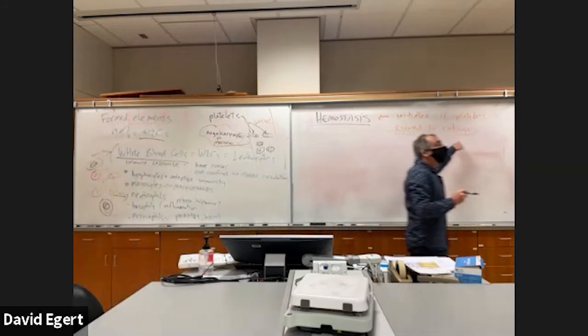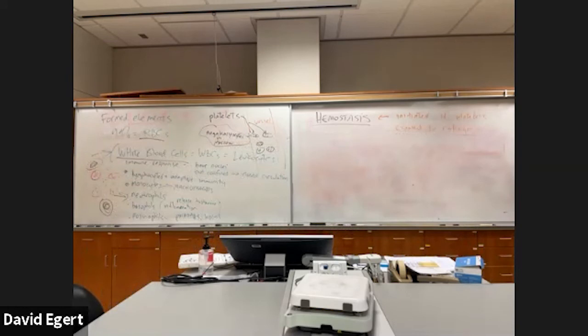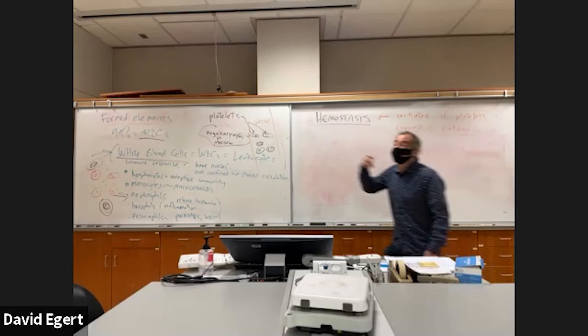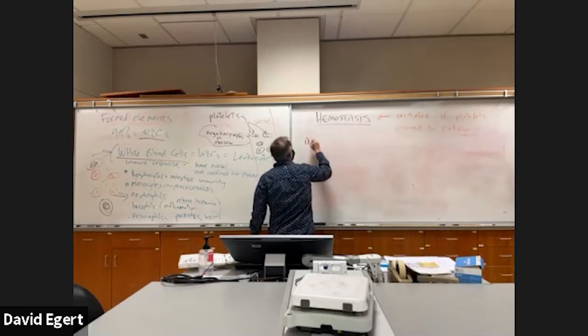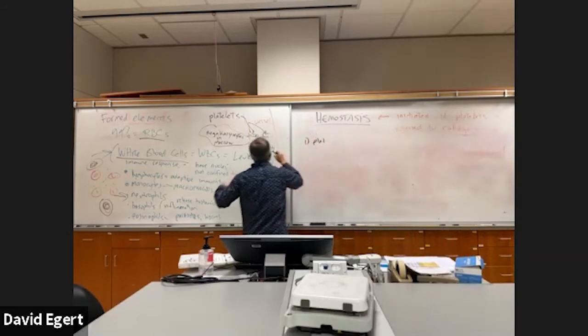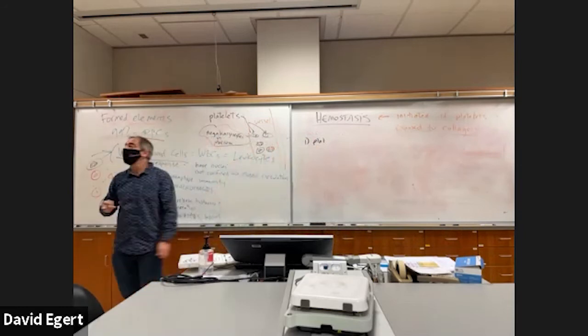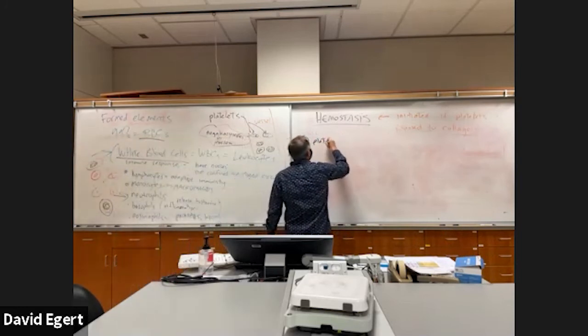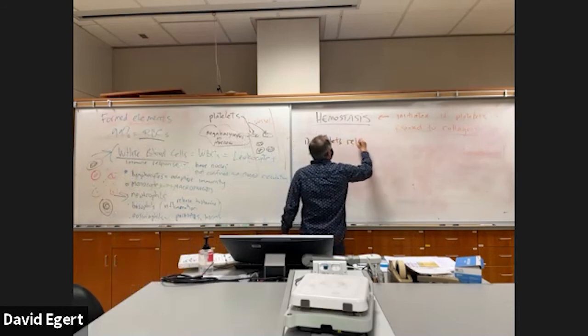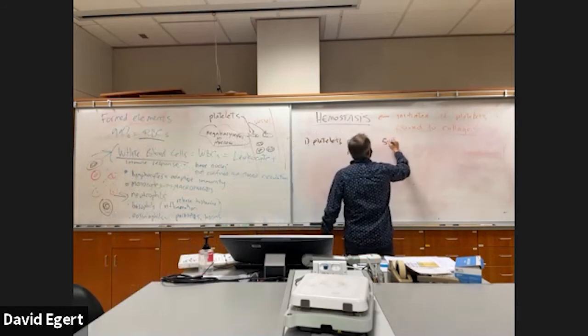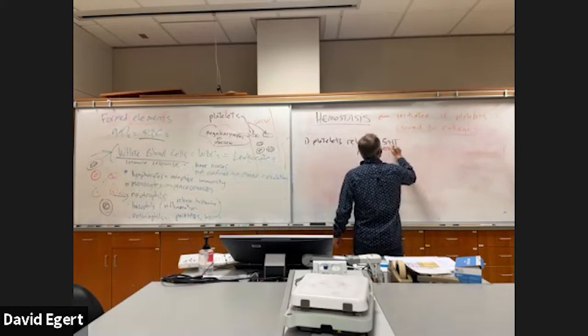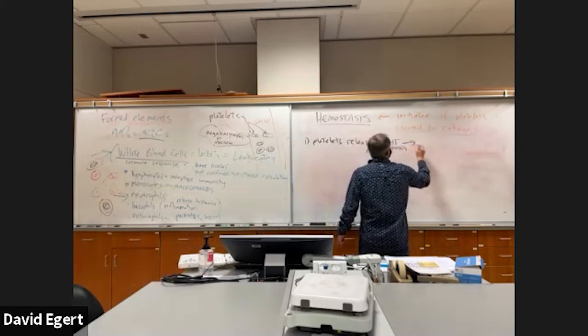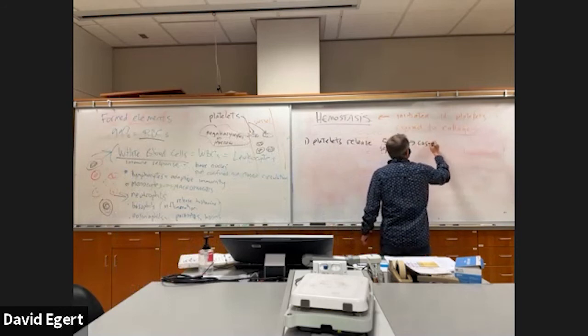So the first thing that happens when the platelets see the collagen is they can actually release. I talked about how they have all sorts of different little granules. We'll talk about the different kinds of things these granules do as they get released into the body. They actually release serotonin, which causes vascular spasms.